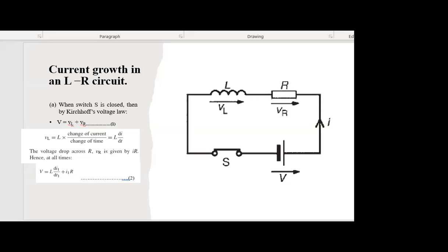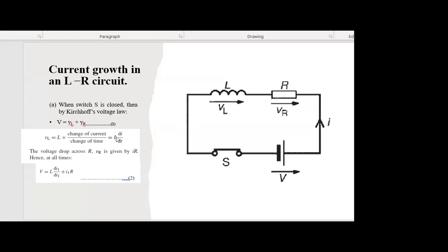So the EMF, which is the voltage, VL, is the induced voltage, and it will be caused by the changing current in the inductor. So VL will be inductance times change in current over change in time.